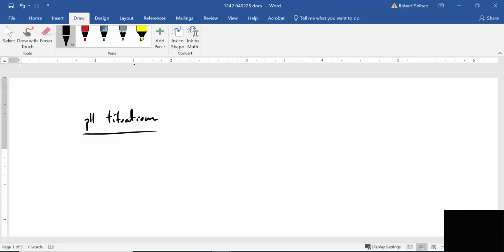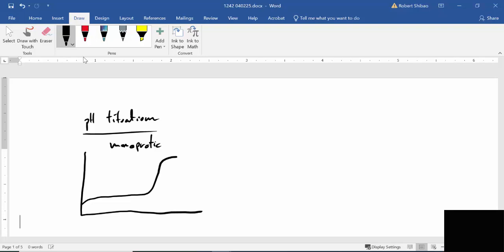Before I do that, the curve that you generated, you're either going to have a monoprotic acid, which you can tell because it's going to stay flat, with one steep rise, and then it'll flatten out again.